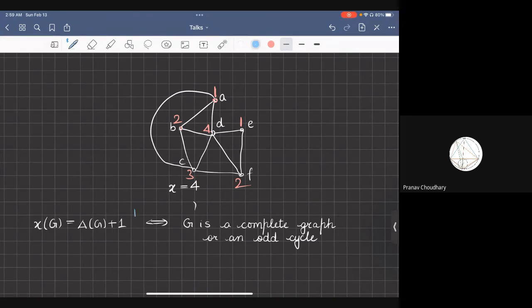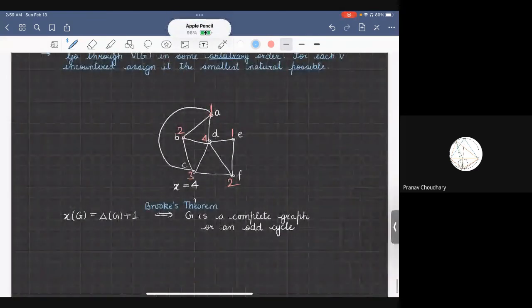This is called Brooks theorem. It might be Brooks with an apostrophe after. I'm not sure if the name is Brooks or Brook. So, whatever. In fact, delta G plus 1 is only achieved for odd cycles where the degree is 2 and the chromatic number is 3, or for a complete graph where the degree is n minus 1 and the chromatic number is n. And for everything else, the chromatic number is at most the max degree.